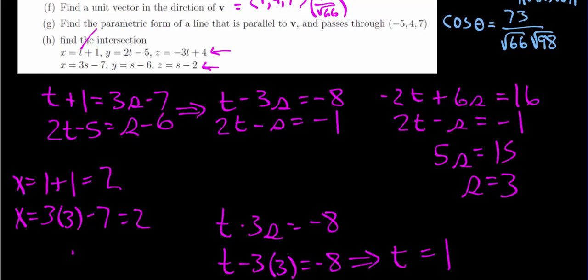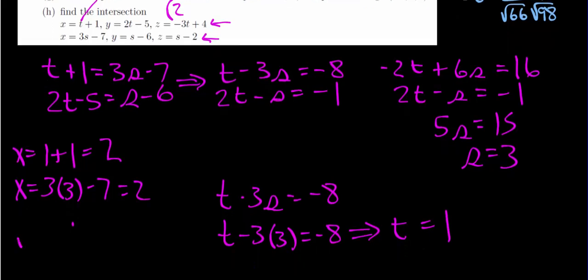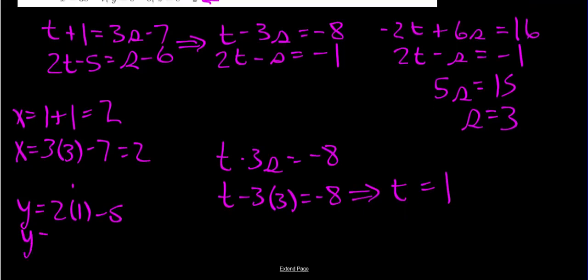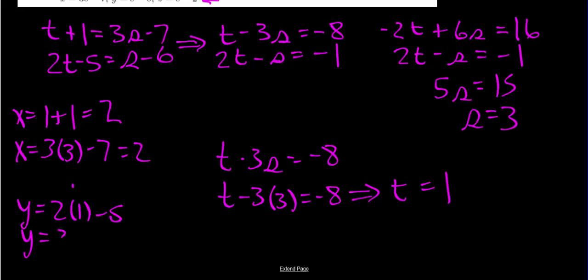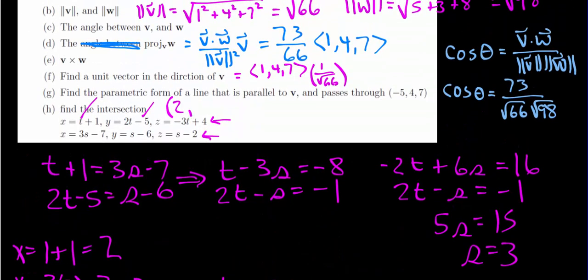So I've got an x coordinate of 2. Now let's find out what the y coordinate is. So y is equal to 2 times 1 minus 5, just plugging in this. And also y is equal to 3 minus 6, which is -3 in both cases. So our second coordinate is -3.